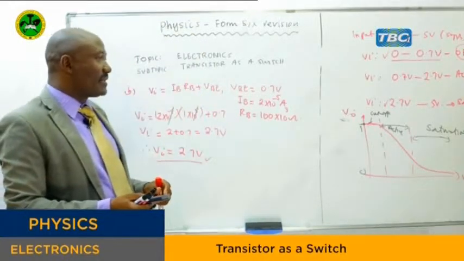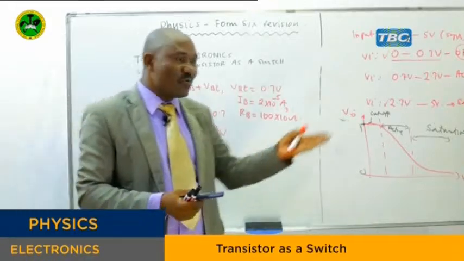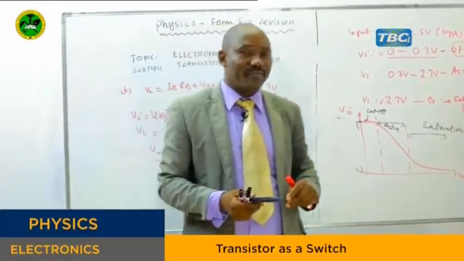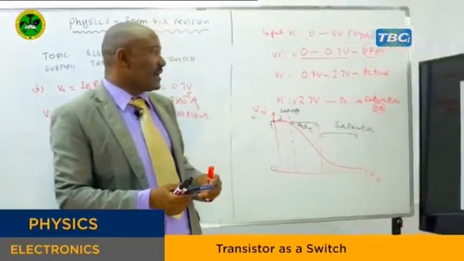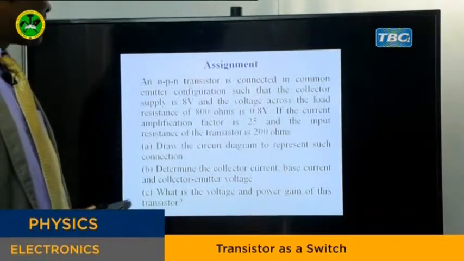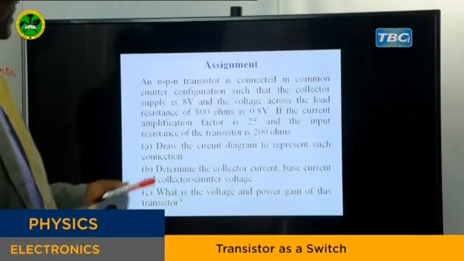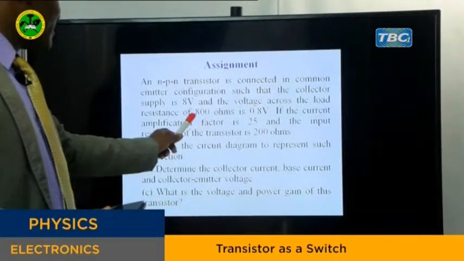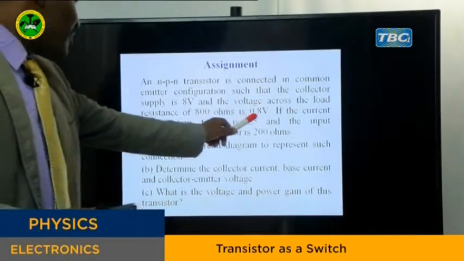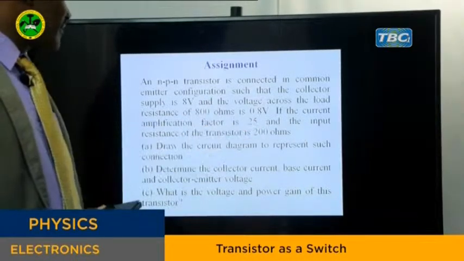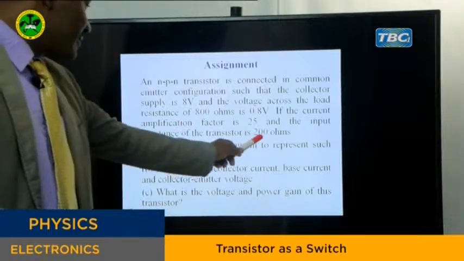Now, to finish up our discussion, let's see the assignment that you have, to check whether you have understood this part of the lesson. The question says you are given an NPN transistor. The way it's connected, it has a supply voltage of 8, and the voltage across the resistance is 0.8. The amplification factor of the transistor is given, and the input resistance is given.